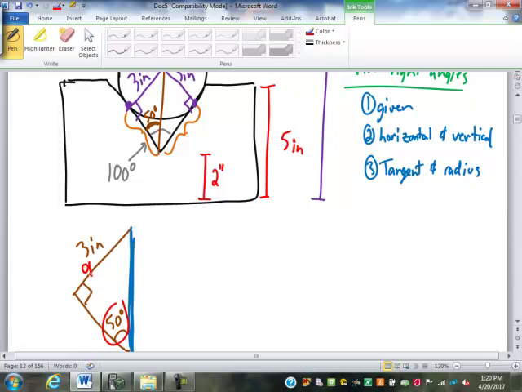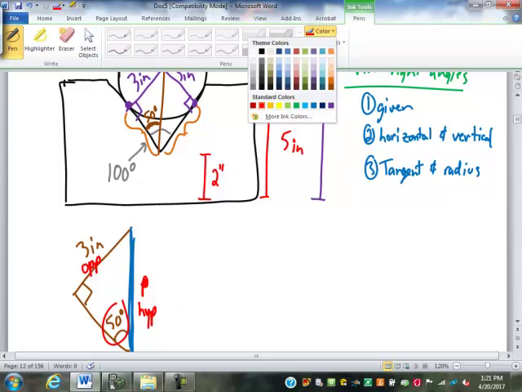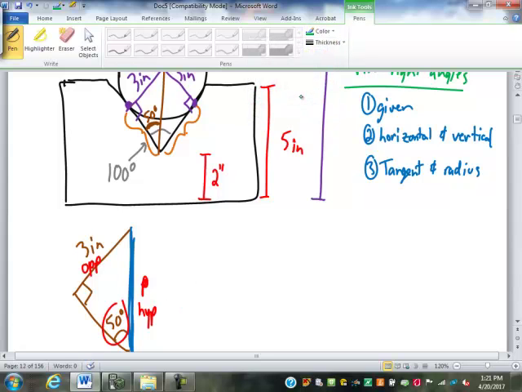That is the opposite. I am trying to find, I'm going to call this side here P. I'm trying to find side P. Which side of the triangle is that? Hypotenuse. What trig function deals with hypotenuse and opposite? Sine. So I'm going to write out the definition of sine. Sine theta equals opposite over hypotenuse.